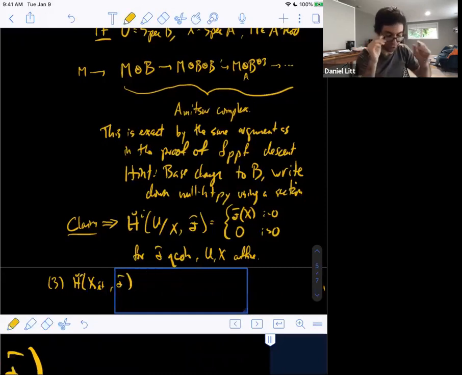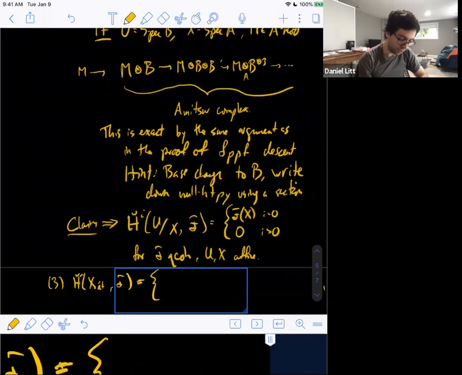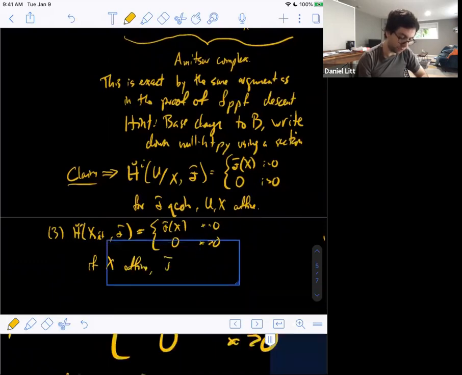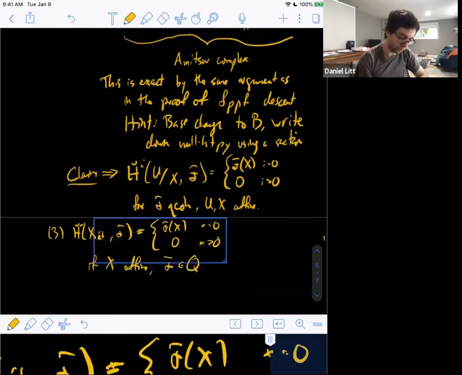You can make sense of Čech cohomology for the FPPF site too, but I didn't prove enough about it. So let's do it for the étale site. So the claim is that this is again F of X for star equals 0 and 0 for star bigger than 0 if X is affine and F is quasi-coherent.